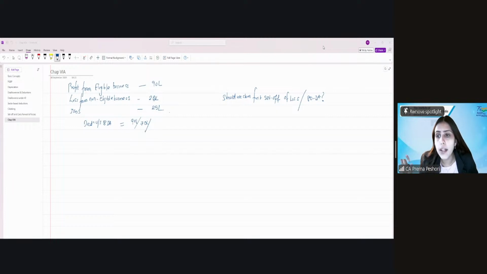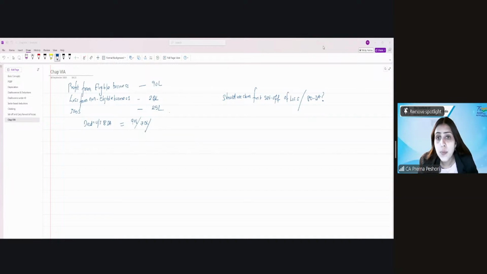So if I take my total income, which is PGBP, which comes to 70 lakh, then the Chapter VI-A deduction I will only restrict to 70 lakh. I can't claim 90 lakh. Or it should be 70 plus 25, which is 95, so I can claim 90. Isn't it? So what should we do first?